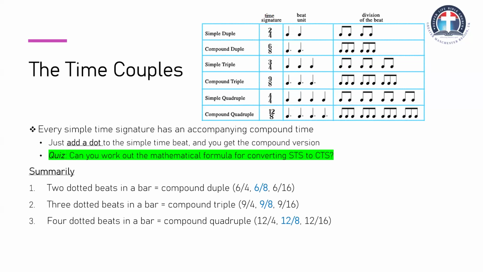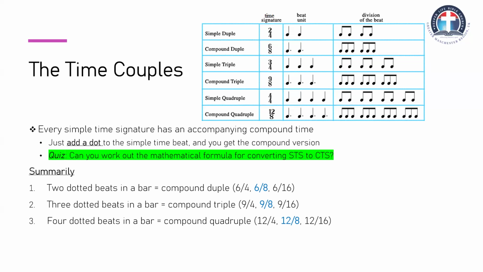If it is 2 dotted minims, that will be 6/4, right? 2 dotted crochet beats is 6/8. 2 dotted quaver beats is 6/16. So these are all compound duple. So when you see 6/4, 6/8, 6/16, they are all duple.